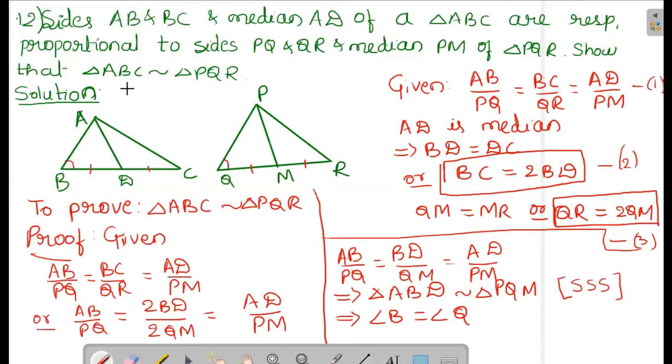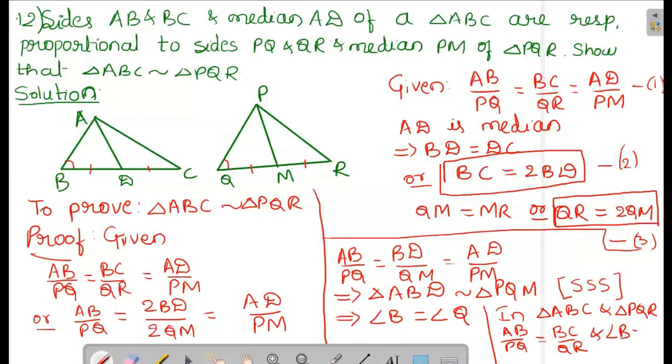Now what do we have to prove? Let us consider these two triangles. Now in triangle ABC and triangle PQR, given is AB by PQ is equal to BC by QR, and angle B is equal to angle Q. Let us take this one as 4.